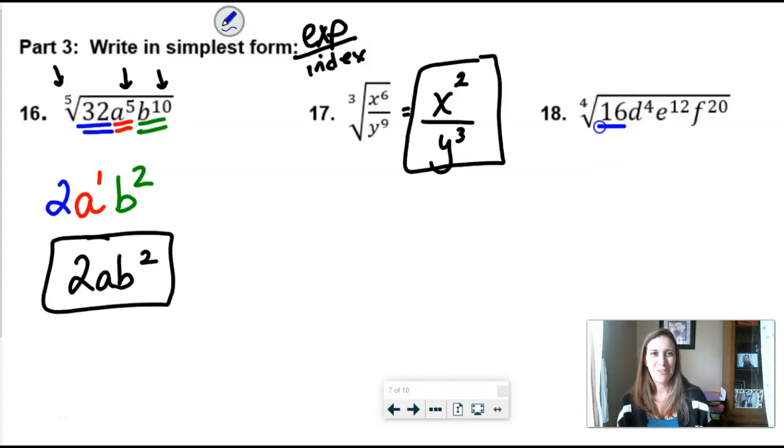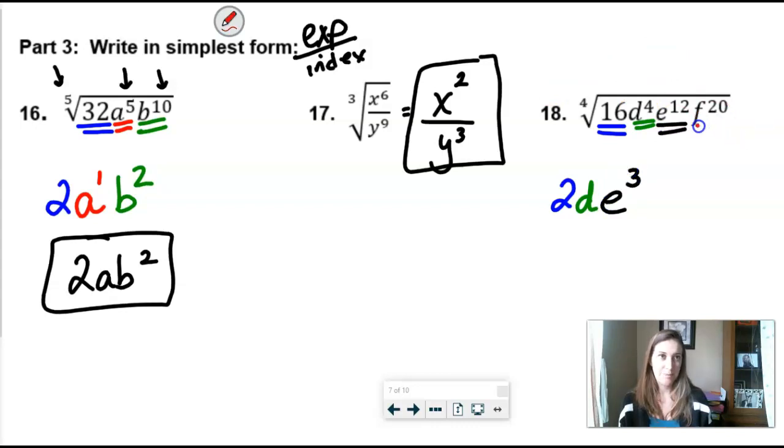All right, so the fourth root of 16. Careful on this one. A lot of kids think it's 4. It's the fourth root of 16, which is a 2. And then we're going to keep simplifying. Here we go. Same idea, power divided by index. So d to the first power, I'm just going to write d. And then e to the, careful, power divided by index, e to the third. And one more.